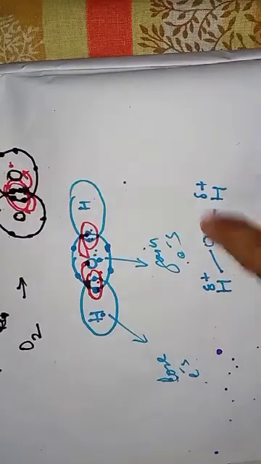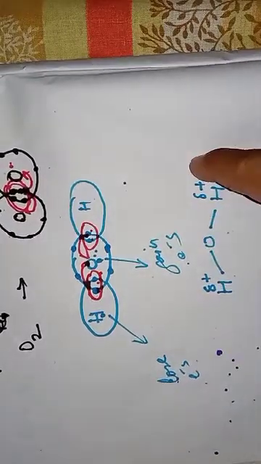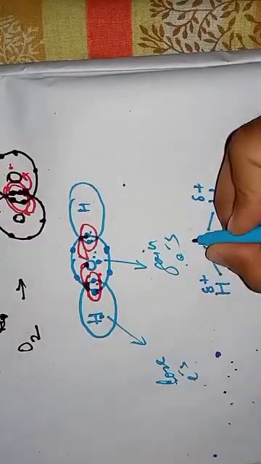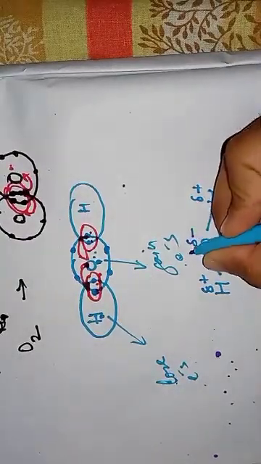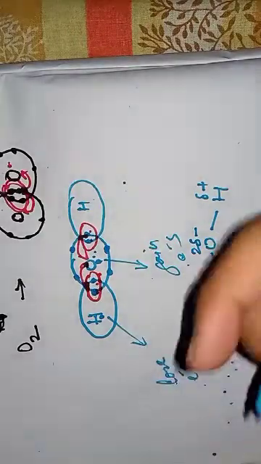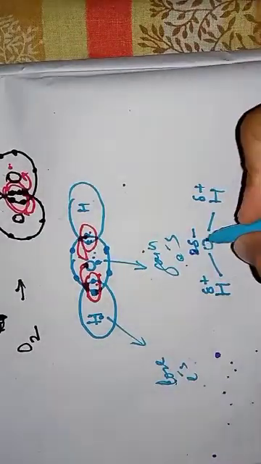If electrons are moving away from hydrogen, it will acquire a positive charge, and the electrons are moving towards oxygen, so it will acquire a partial negative charge. Hope you understood.